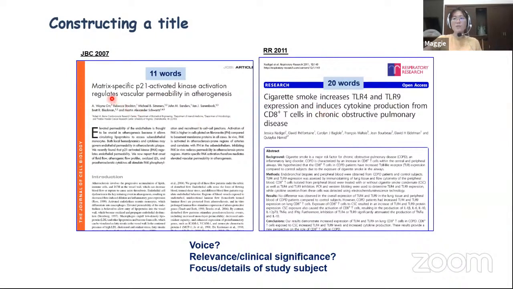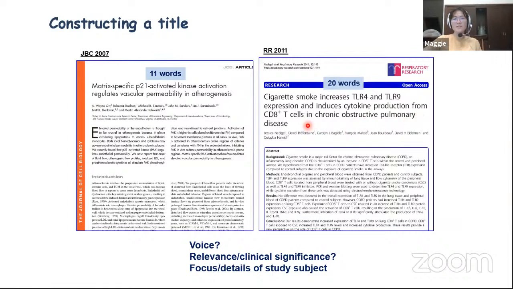The first one: "Metric-specific P21 activated kinase activation regulates vascular permeability in atherogenesis." The second one: "Cigarette smoke increases toll-like receptor 4 and toll-like receptor 9 expression and induces cytokine production from CD8 positive T cells in chronic obstructive pulmonary disease."